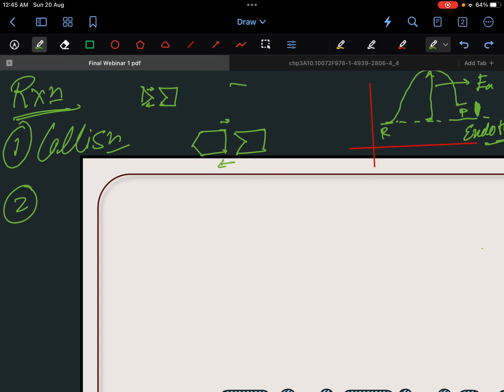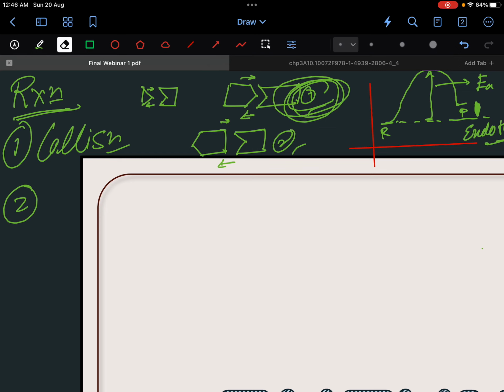No, they will only react when they collide like this. Think about enzyme-substrate binding. In case 1 and case 2, in which case will the product be formed? Obviously this one, right? So the orientation is also important.